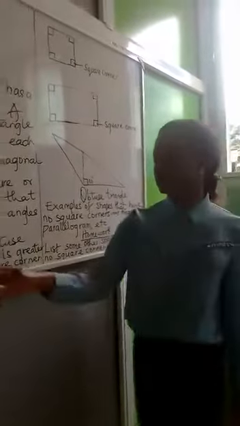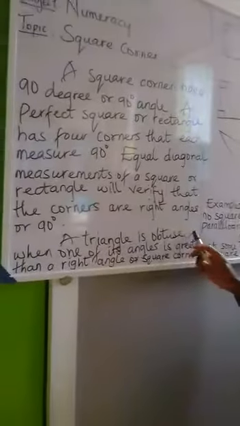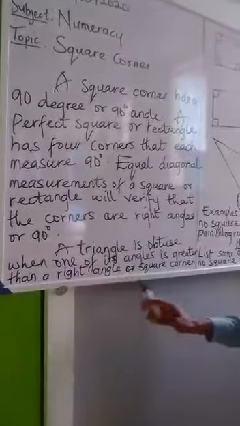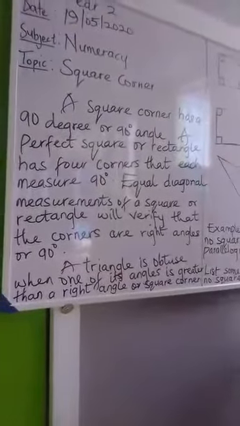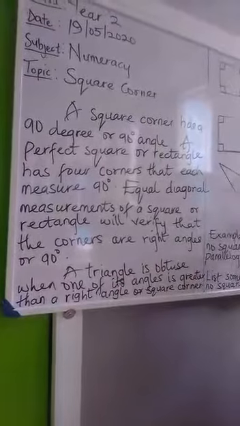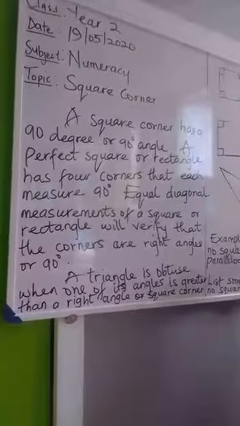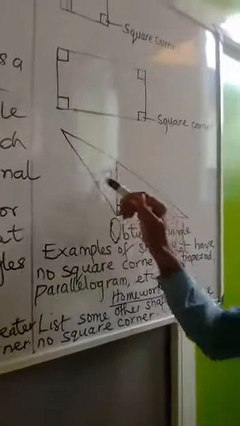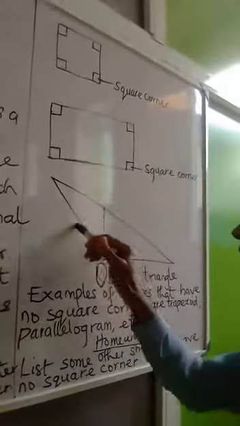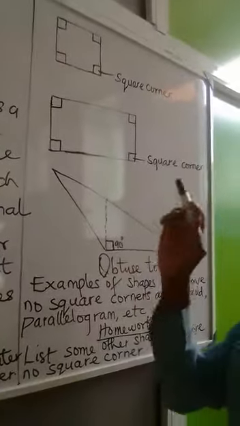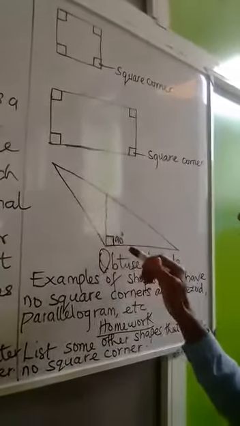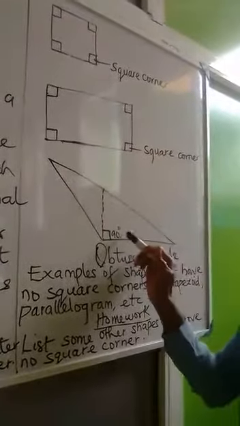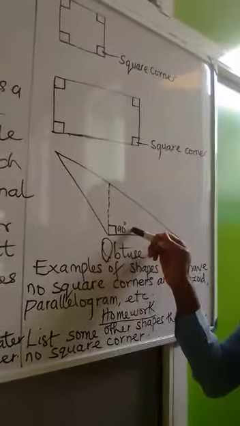An obtuse triangle. So a triangle is obtuse when one of its angles is greater than a right angle. That is why I demarcated, in order to show you where 90 degrees falls. While this line here will tell you that this triangle passes 90 degrees, passes a right angle.